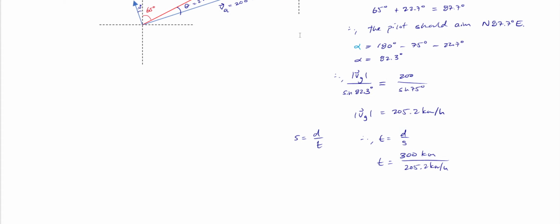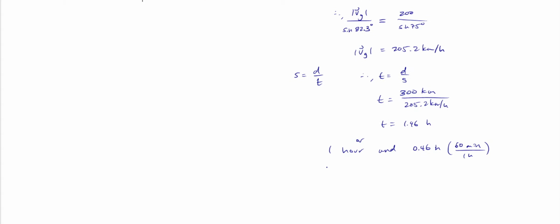So that means time is equal to 1.46 hours, or 1 hour and 0.46 hours times 60 minutes per hour. So that's 1 hour and 28 minutes. Okay, so yeah, there we go.